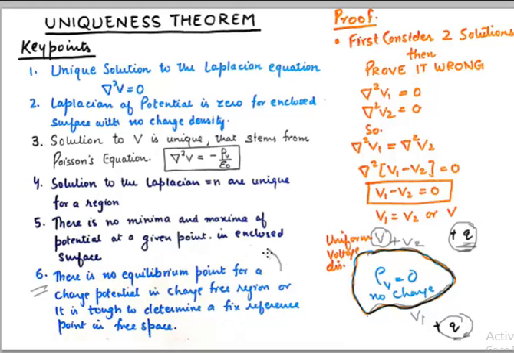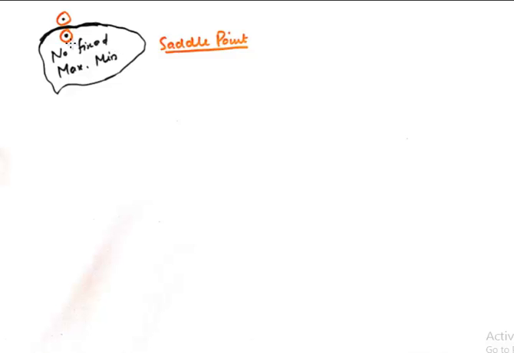And the second point that I wish to highlight here is that there is no equilibrium point for a charge potential in a charge-free region, or there is no fixed reference point in free space. That stems from the argument that there is no maxima and minima, and we can graphically see that if we have this enclosed surface and if we keep our reference point inside this surface, we could see a maxima here because the curve has a shape like this. If we keep our reference point outside the surface, then this could represent a minima.